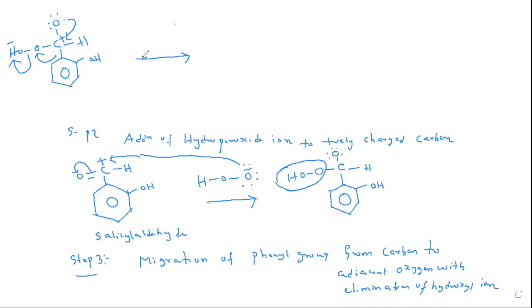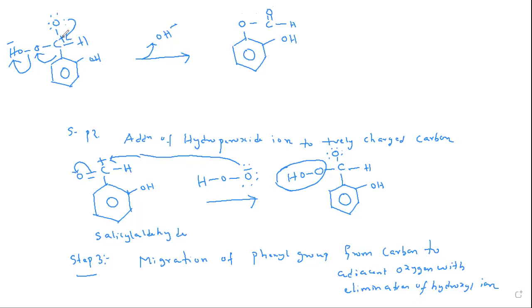Here there is elimination of OH minus. And you can write the structure: the phenyl ring, the same OH I'm writing here, followed by, as the phenyl group is migrated towards oxygen, you can write oxygen, followed by carbon, hydrogen, and here you will be getting a double bond, because carbon has a positive charge here.